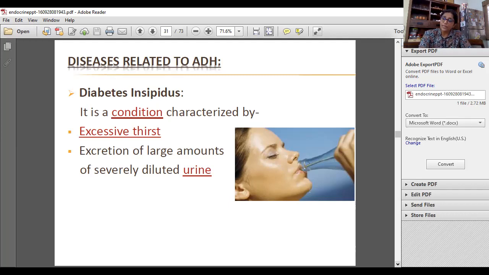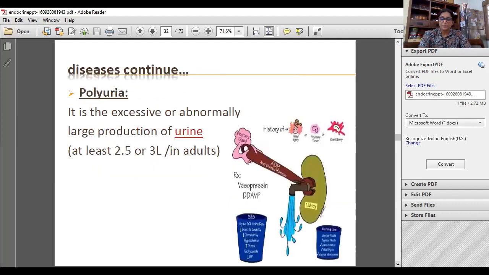It was called diabetes because it was identified by the loss of fluid from the body. And at that time, diabetes mellitus was being identified as a disease with polydipsia, polyuria, and polyphagia. So anything with excessive thirst, excessive urination, and excessive hunger was called diabetes. Though this was different, it was called diabetes, later named as insipidus, that is thirsty diabetes.